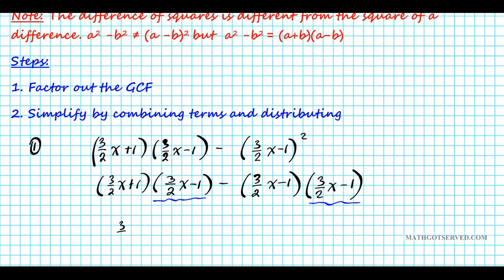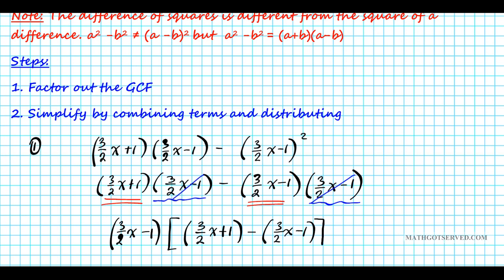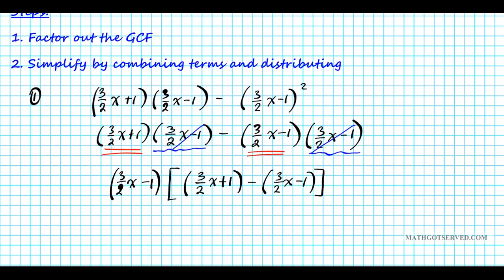We have 3 over 2x minus 1 times what we'll have left, which is this term right here and this term right here. When we factor these out, it's as though you're dividing. Then we're left with quantity 3 over 2x plus 1 minus quantity 3 over 2x minus 1. So what we are going to do is simplify.